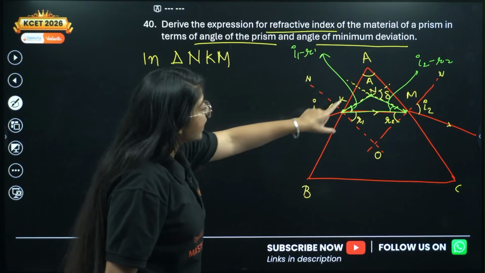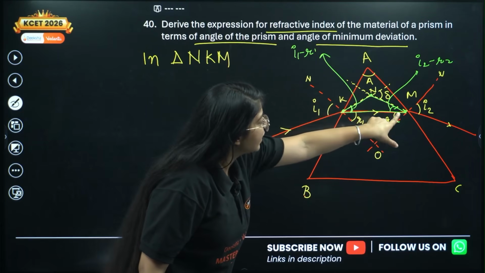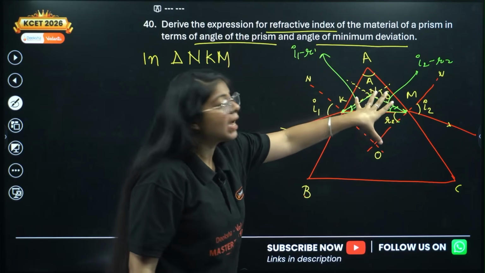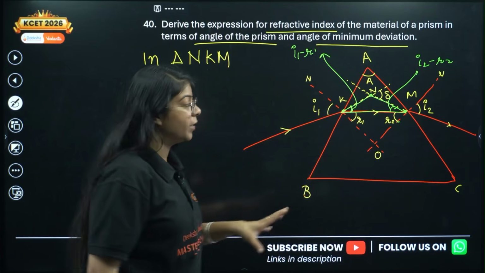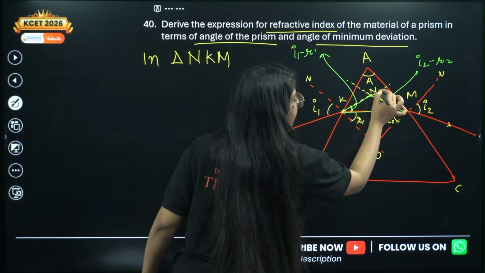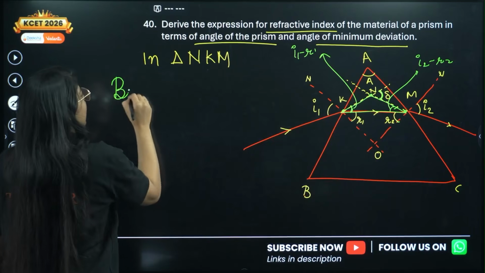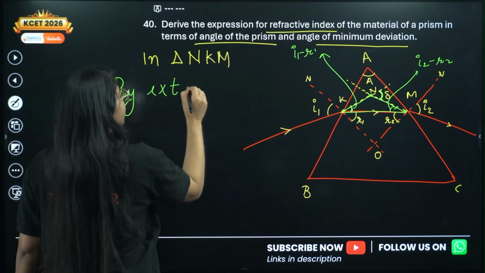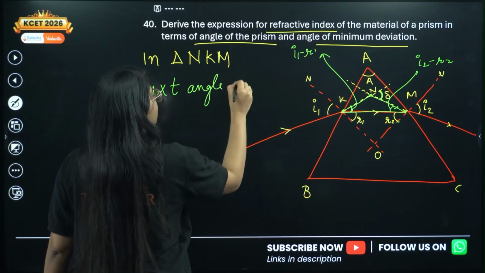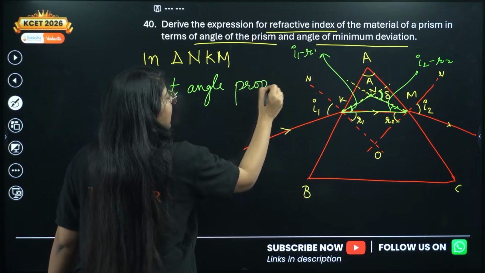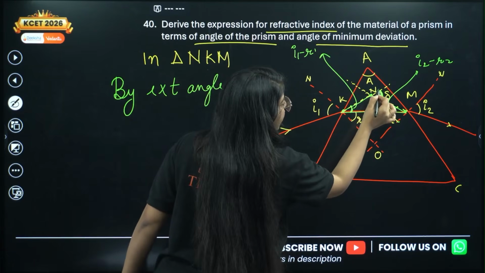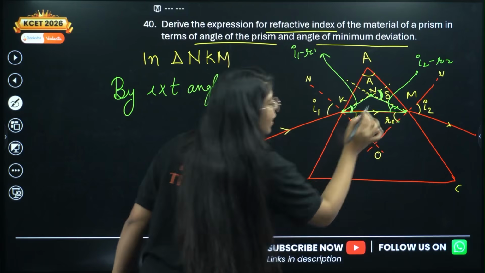Understood? Now in this triangle NKM, we are using the external angle property because that is how we can decide the expression for delta. So by using the external angle property, delta will be equal to the sum of these two angles.